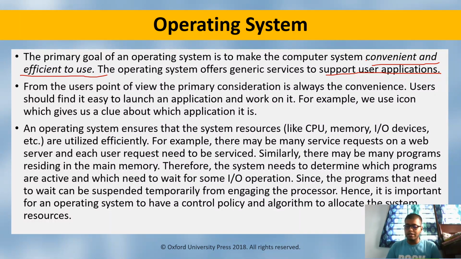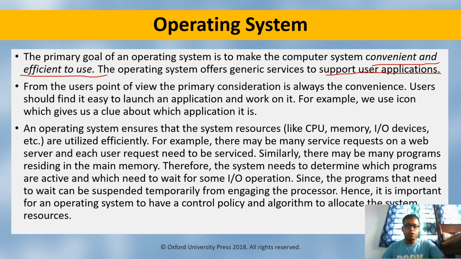Suppose you are gaming with your PC. In that case, the operating system has to control the amount of CPU and memory for your gaming. That is controlled by the operating system, and the IO devices are also controlled by the operating system.